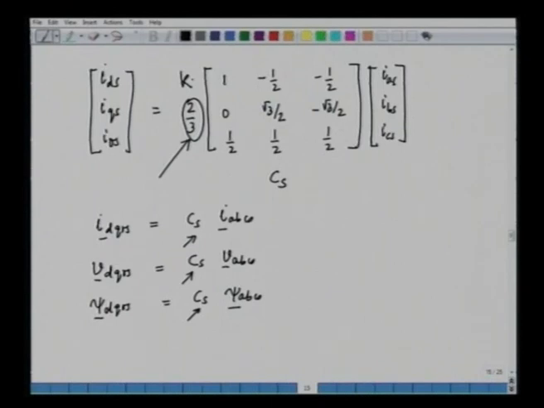We choose this factor as 2/3. It is basically a constant that we are choosing, and this constant in general could have been a constant k, and when we take per phase power invariance, keeping the parameters exactly the same, this constant k turns out to be 2/3. Okay. So, this is for the stator.